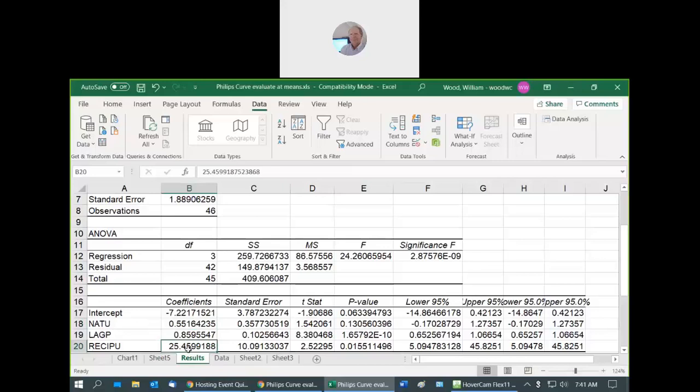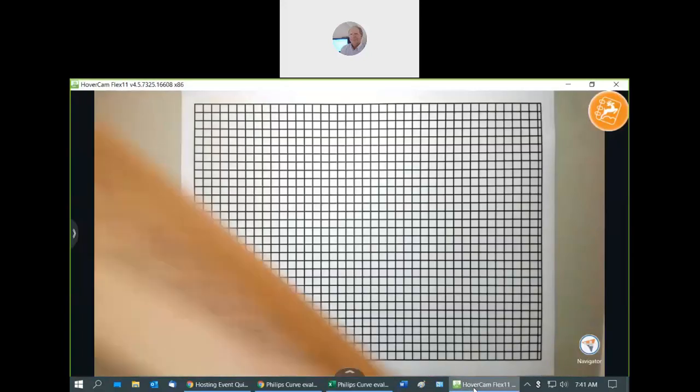And if the economic advisors came in and said, well, the effect on the reciprocal of unemployment is 25.45, that doesn't make any sense. The president wants to know about inflation and unemployment, not the reciprocal. Who knows how to interpret the reciprocal? And so that's why we come to this exercise here.